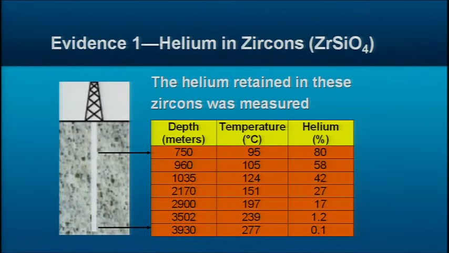And in that last column, you see that helium percent, okay? That number represents the percentage of the 1.5 billion years worth of helium that was still in those zircon crystals. At only 750 metres, the 1.5 billion years worth of helium, 20% of it had been lost and 80% had been retained in these crystals.